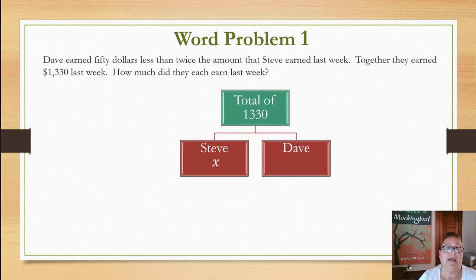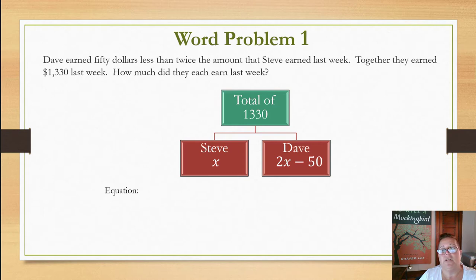How do I write that algebraically? Well, 50 less is minus 50, so we're going to subtract 50 from twice the amount Steve earned, or 2x minus 50. These two parts together make $1,330.